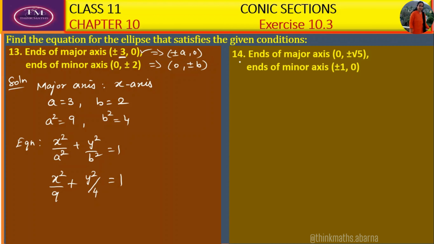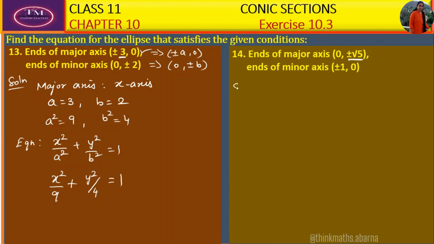Now next, 14th, same type. Ends of major axis is 0 comma plus or minus root 5. Ends of minor axis is plus or minus 1 comma 0. Now if you check, the major axis has y coordinate.